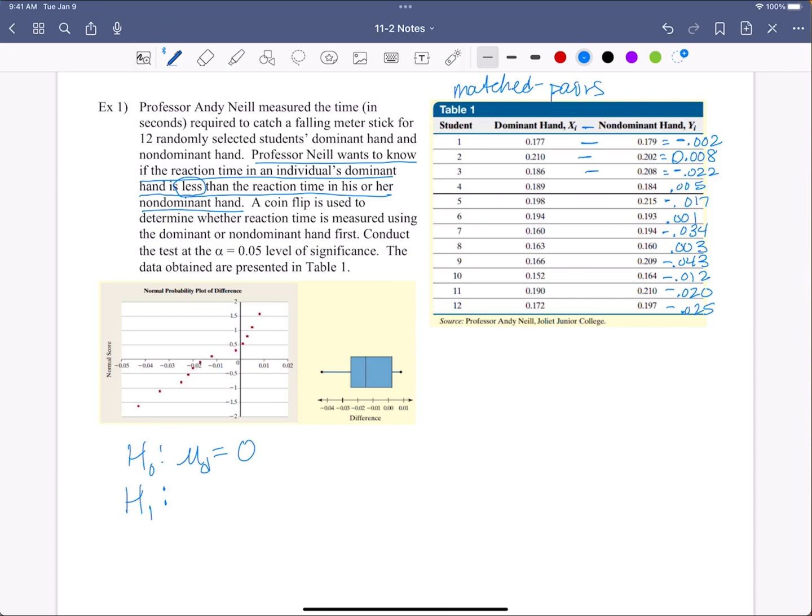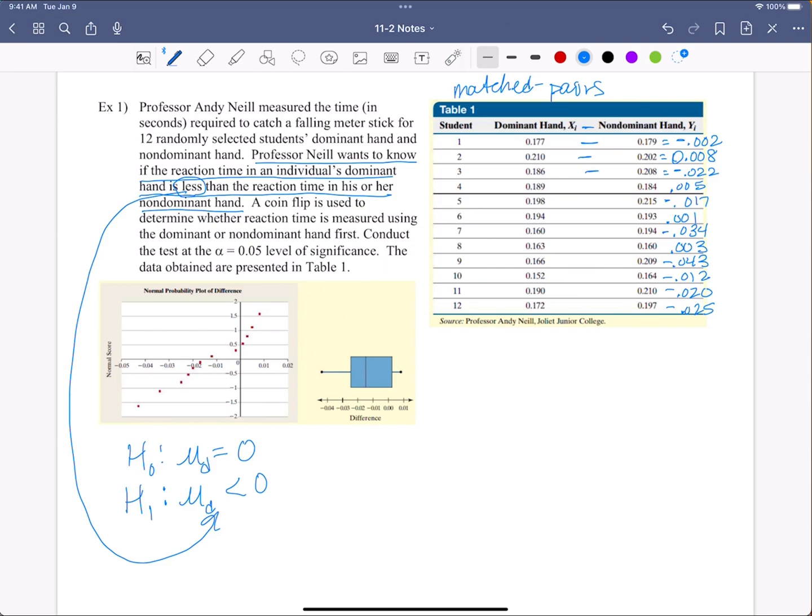Then I want to say, is one less than the other? I think the differences here are going to be less, because it says less. That's what I want to figure out. My time is going to be less because my dominant hand is going to grab it quicker.